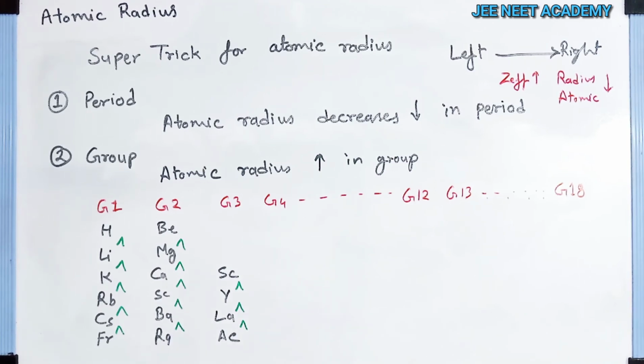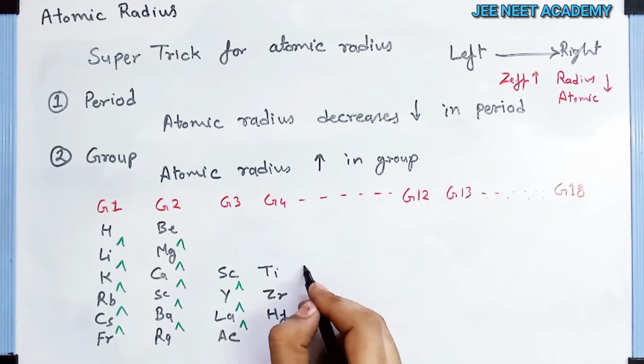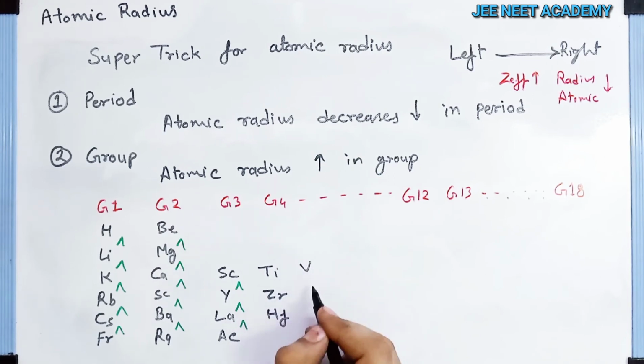So titanium, zirconium, then hafnium, and group 5: vanadium, niobium, and tantalum.